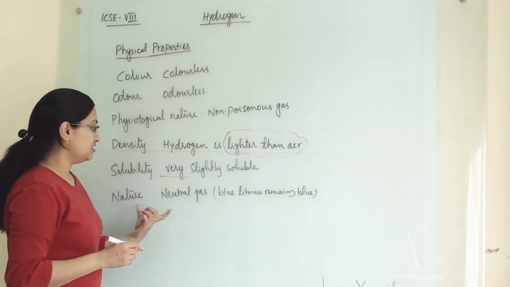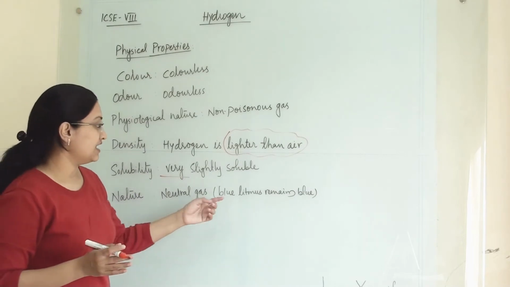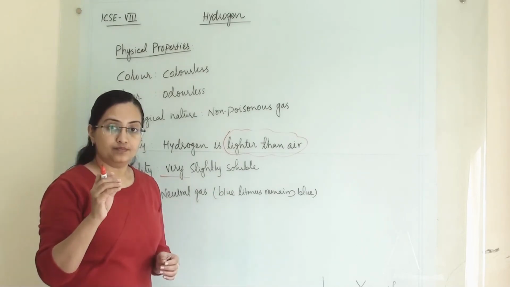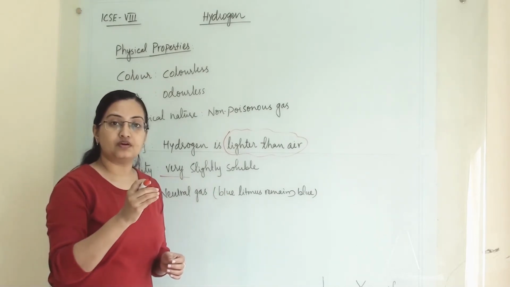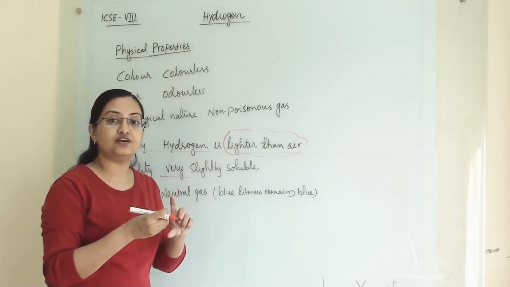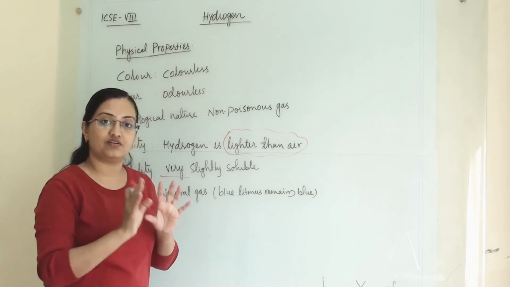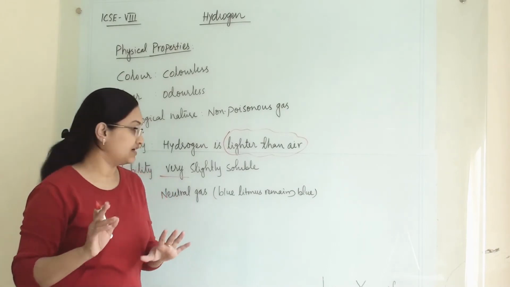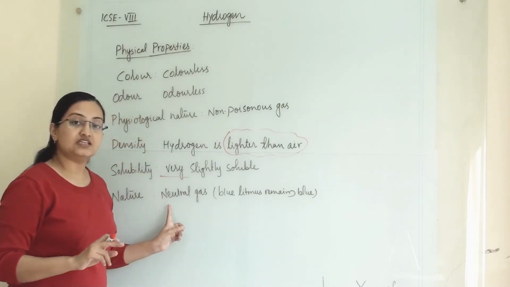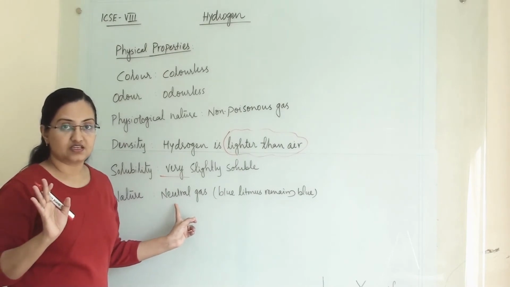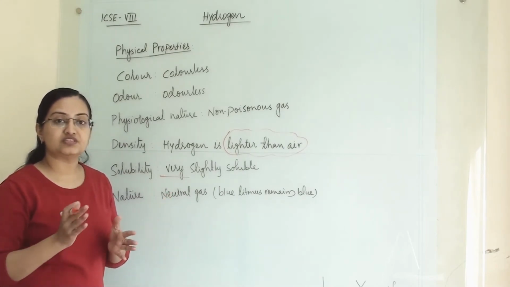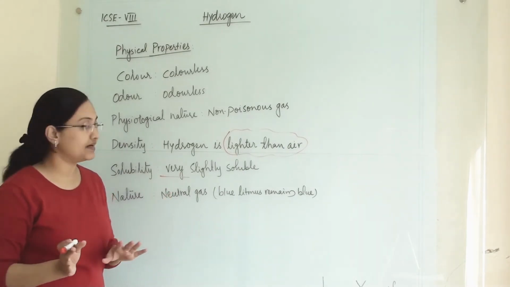And nature: it is a neutral gas. When we place a blue litmus paper on the mouth of a test tube filled with hydrogen, the blue litmus will remain blue and red litmus will remain red. So that's why it is termed a neutral gas. It won't affect the blue litmus as well as it won't affect the red litmus.